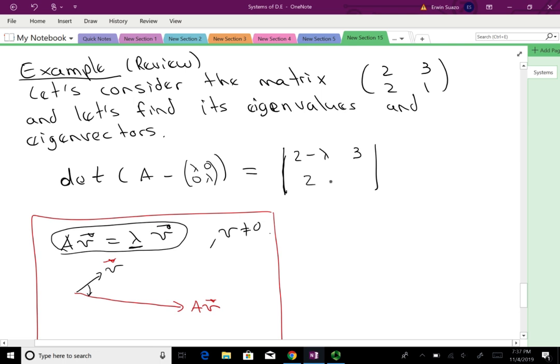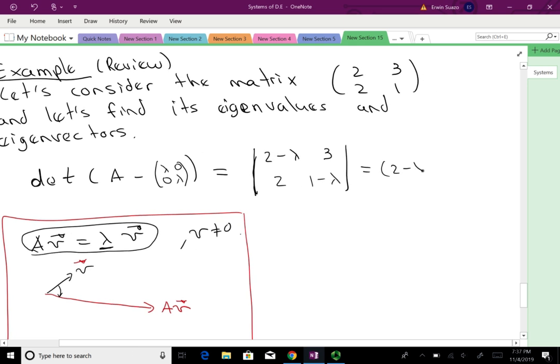So I get 2, 3, 2, and then 1 minus lambda. So I find the determinant: 2 minus lambda times 1 minus lambda, minus 6. So once again, I got a quadratic.